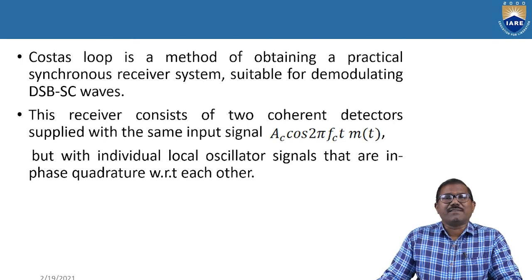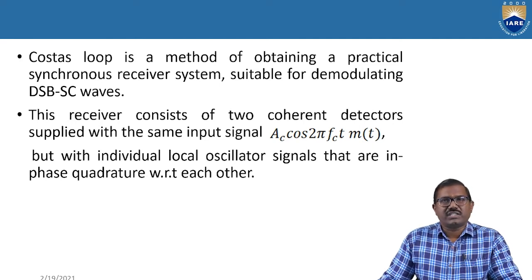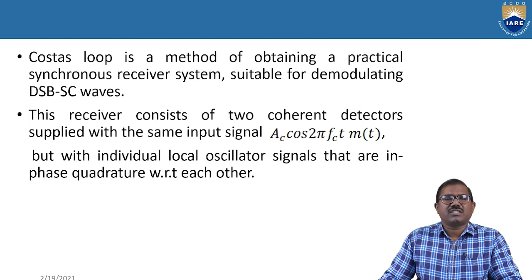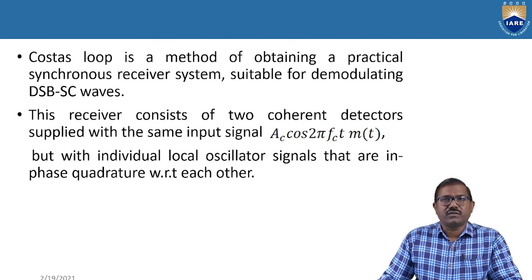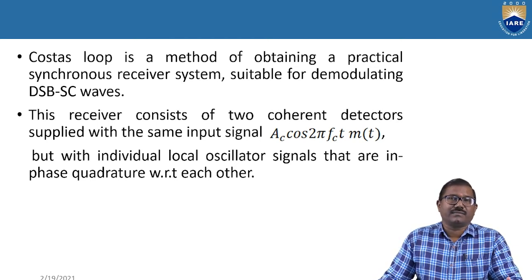The Costas loop is a method of obtaining a practical synchronous receiver system suitable for demodulating DSB-SC waves. This receiver consists of two coherent detectors supplied with the same input signal, Ac cos 2 pi fc t times m of t, that is our s of t, but with individual local oscillator signals that are in phase and quadrature with respect to each other.